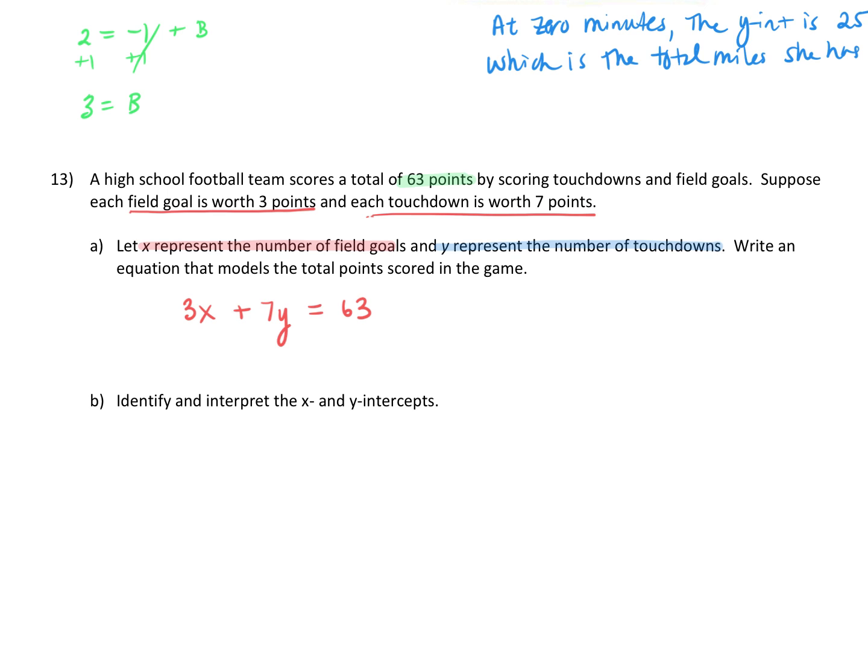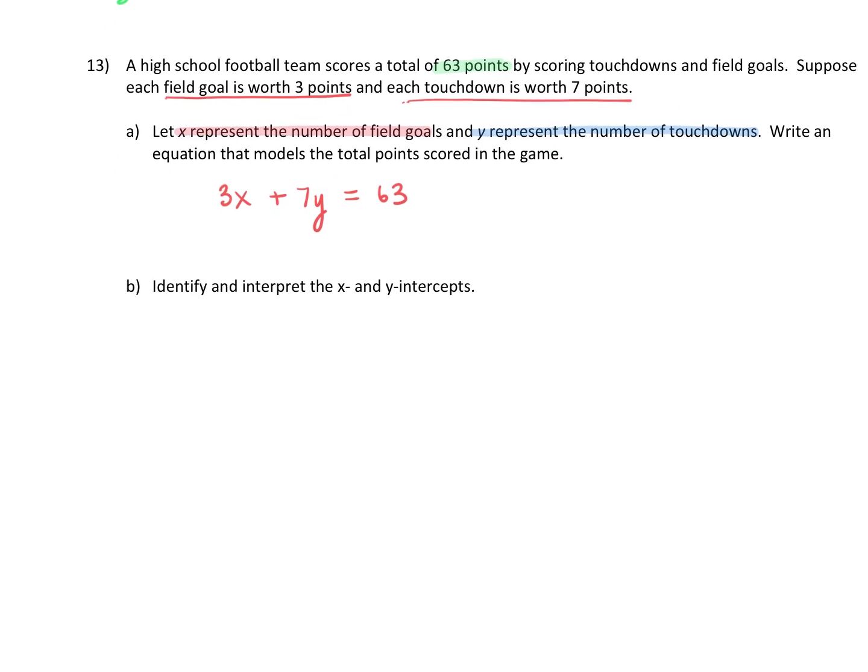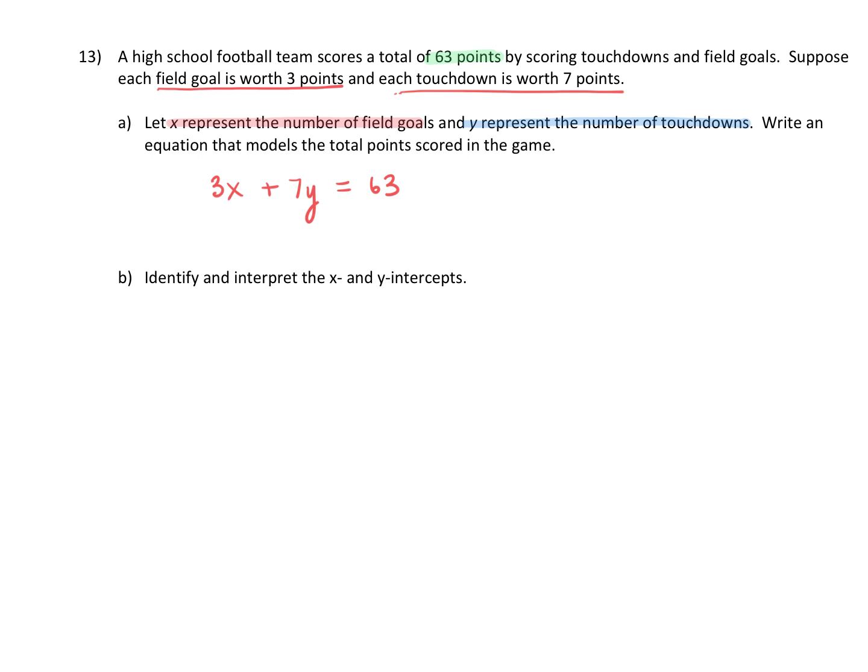All right, identify and interpret the x and y intercepts. So let's talk about an x-intercept first. The x-intercept is found by plugging in a 0 for the y. So 3x equals 63.